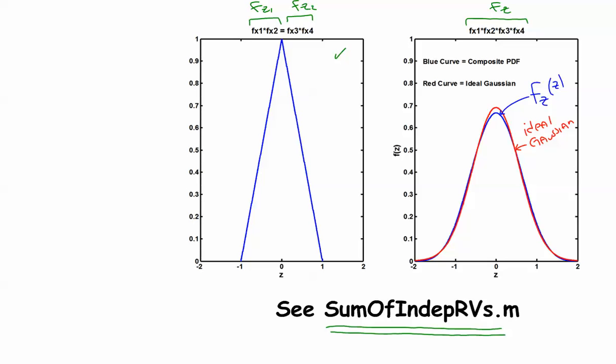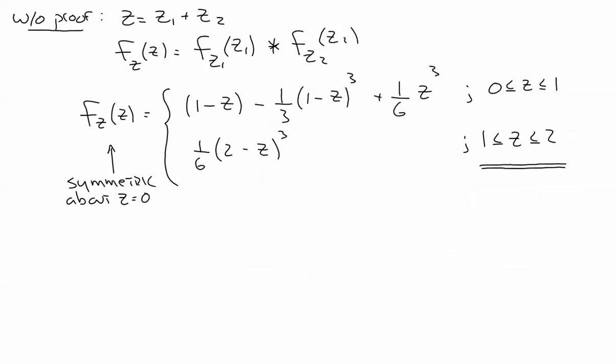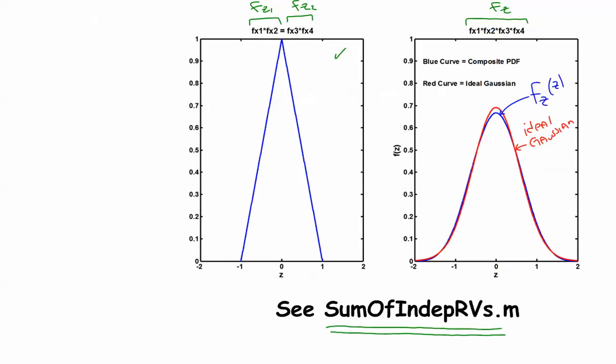First of all, in my MATLAB program, I didn't use this result. I used the conv, C-O-N-V function. That's the first thing I did. I used the CONV function to get my composite probability density function.